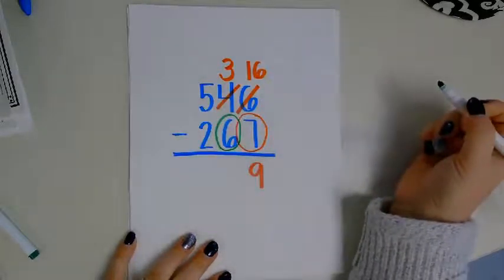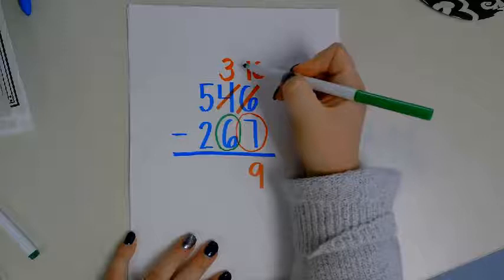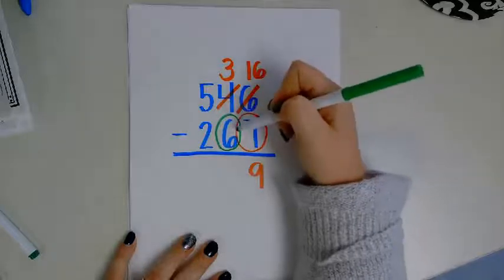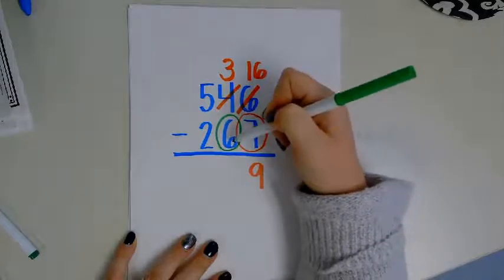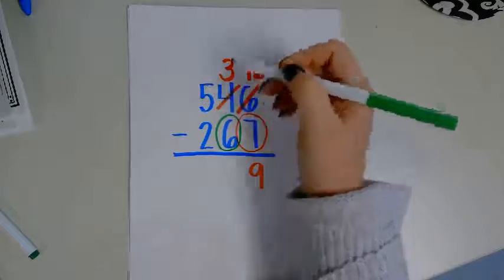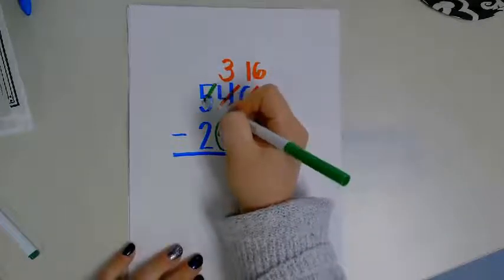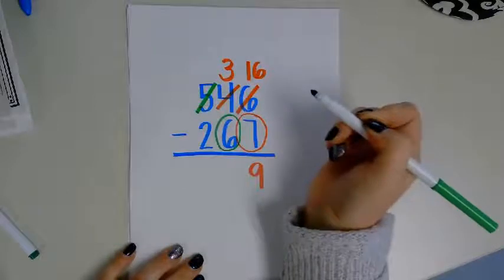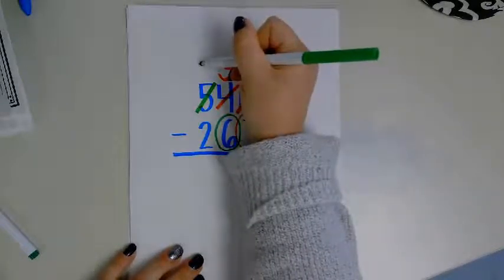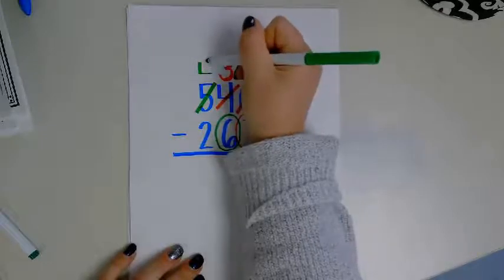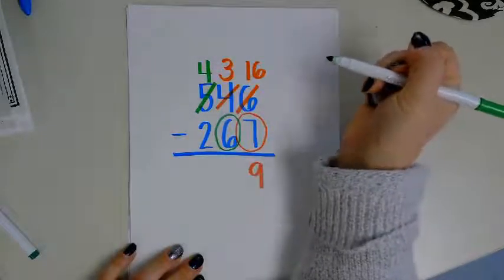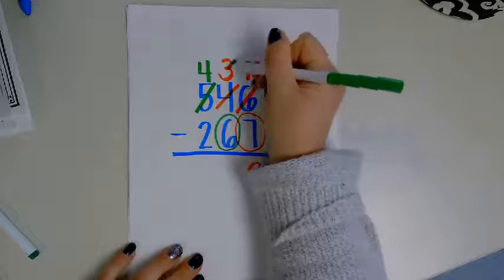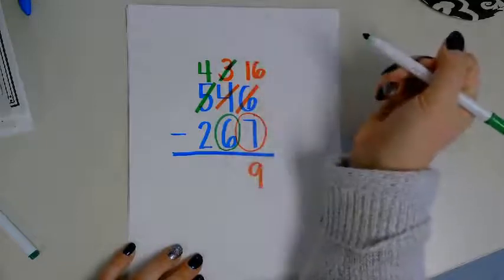3 minus 6 you can't do because there's more on the floor. So we go next door and get 10 more. So this 5, we're going to take 1 away. One group of 100, that leaves me with 4. Very good. And we move 10 more over to the 3, which gives me, good, 13.